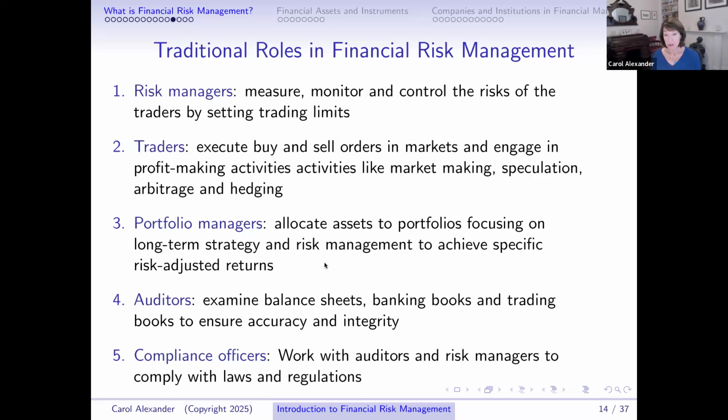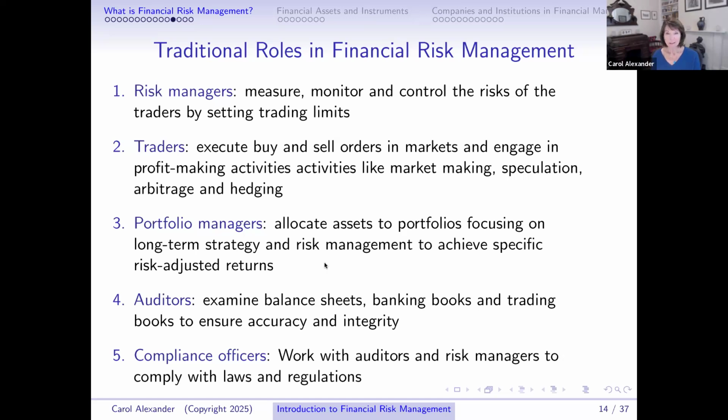Auditors examine balance sheets, banking books, trading books to ensure accuracy and integrity. So banking books and trading books from banks contain different types of instruments. For example, loans go into the banking books, derivative instruments go into the trading books, but they are not entered in the balance sheet, for example.